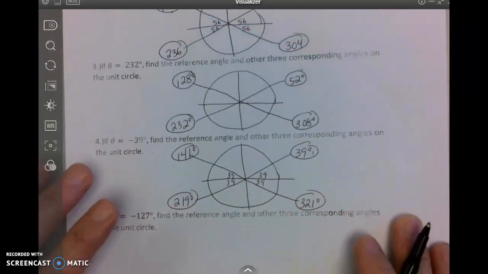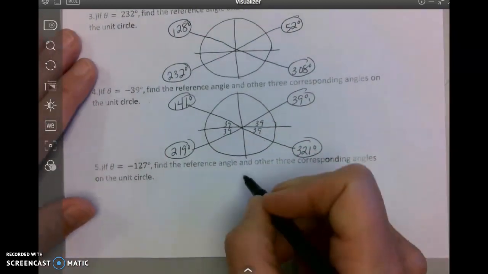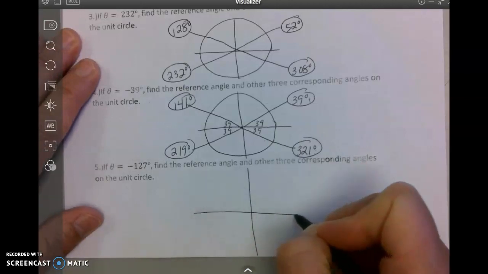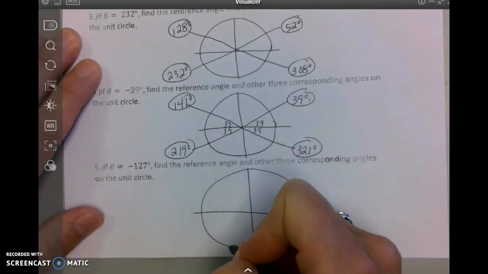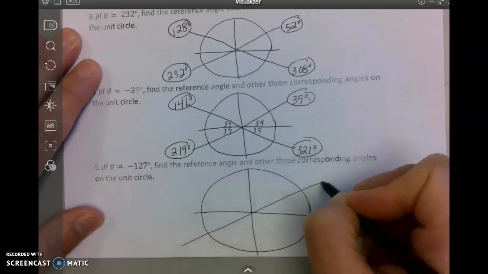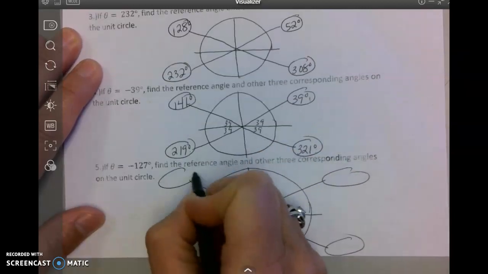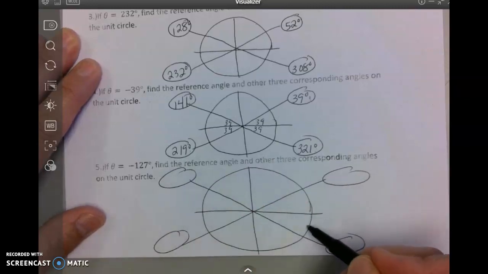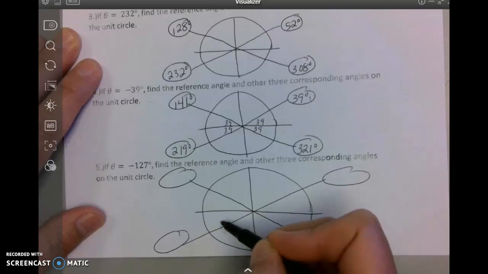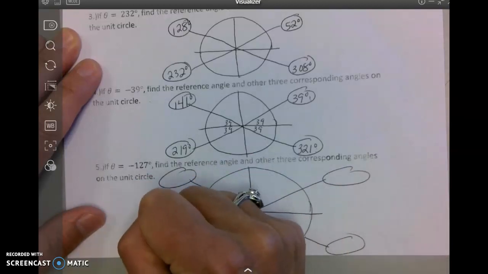Okay. And the last one. Subtract 127. Well, 360 minus 127 is 233.